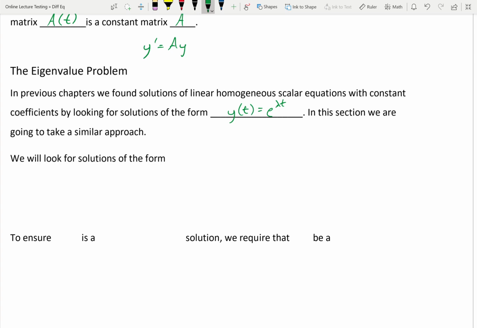Except we've got to change it up just slightly. So we will look for solutions of the form y of t is equal to e to the lambda t x. Okay, so we're like, great, another variable. Well, that variable we've talked about before. x is an n by 1 constant vector, and lambda is some constant value.